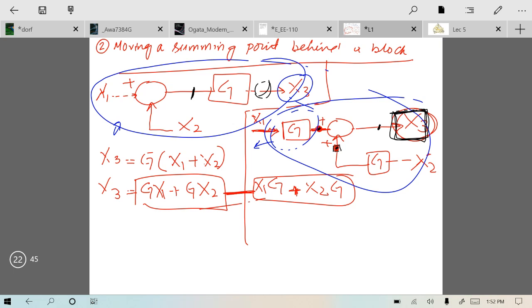What is this signal? This signal is x2 multiplied by G. And what is this signal? This is x1 multiplied by G. So here we get x1 multiplied by G plus x2 multiplied by G. So these two signals are the same, hence these two systems are the same. In both systems, x3 is x1G plus x2G.